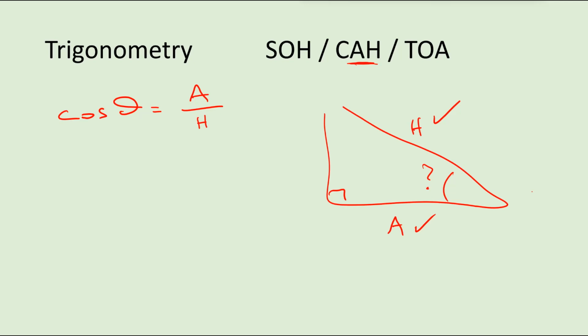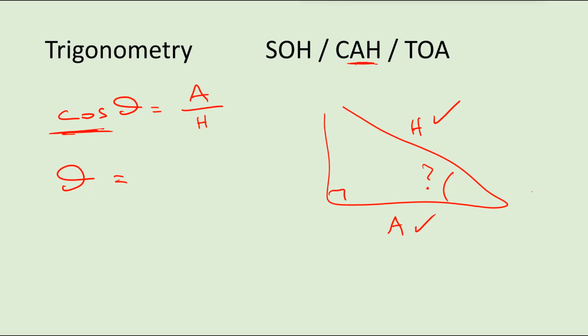But this time we just want theta. We want the angle by itself. So now it's the cos that we have to get rid of. That's okay. Cos has an inverse, just like everything else has an inverse. So we grab that cos and we take it to the other side. Now, this is not being multiplied by the angle, so we can't just take it across and divide it.